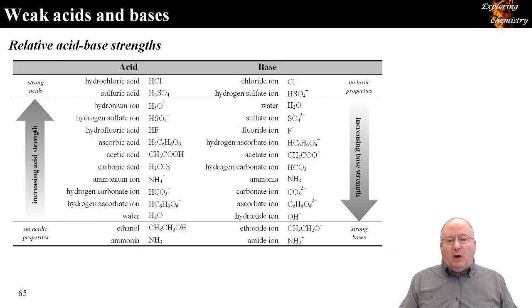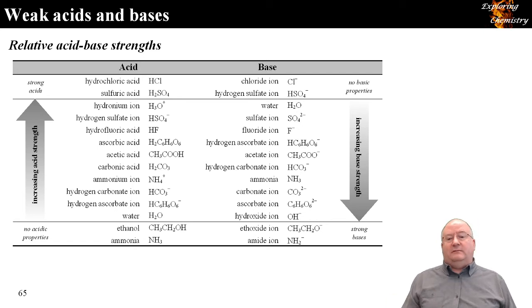Conversely, at the very bottom of that table are strong bases, ethoxide and amide ions. The corresponding conjugate acids have no acidic properties. So ammonia does not act as an acid, and ethanol does not either.